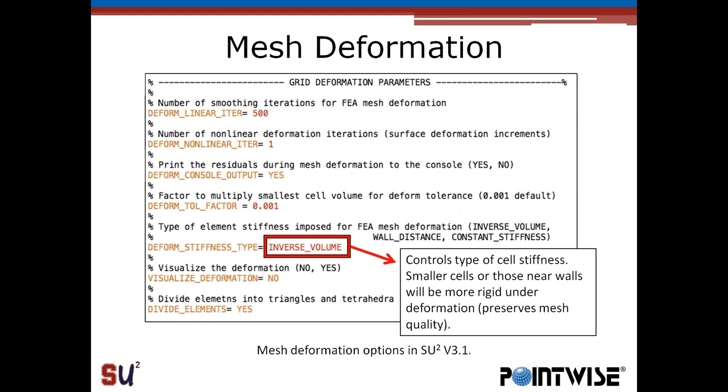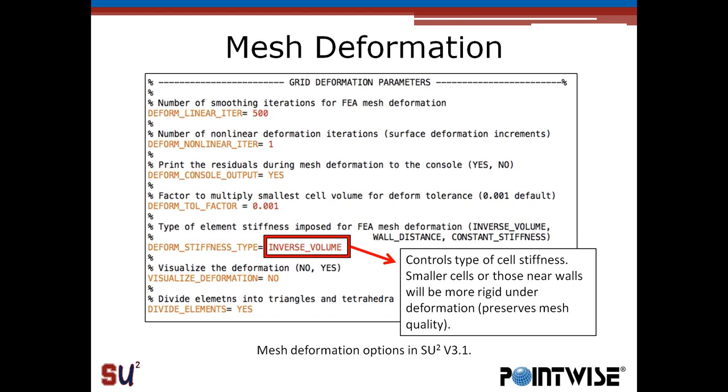To quickly highlight some of the options for the mesh deformation tool, one in particular is how we compute these stiffnesses. It's an important choice. We typically do it in one of two ways. We either use the inverse of the cell volume to set the stiffness. So that means that if you have a RANS mesh like you saw on the last slide, you're going to have cells with very small volumes near the wall.